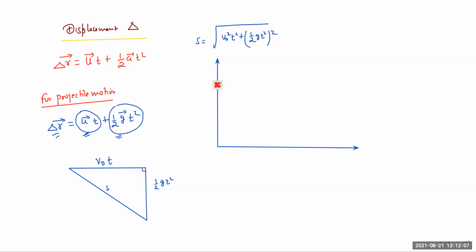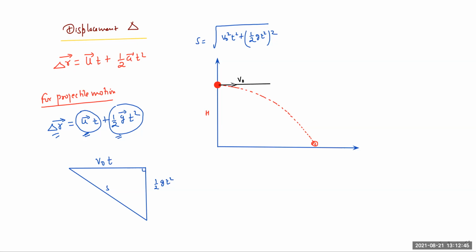So if you are throwing this from the height h with some initial velocity v naught, now what you can realize is that we can just ignore this motion and think of two separate motions, because eventually I know you are at the bottom.